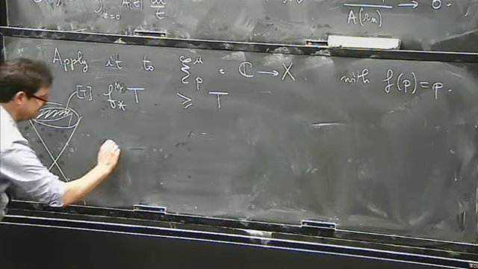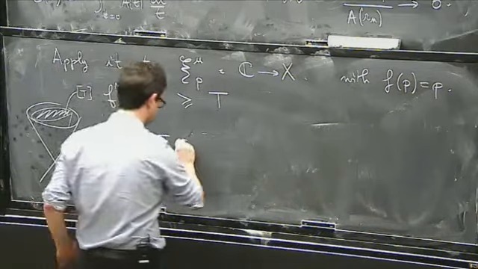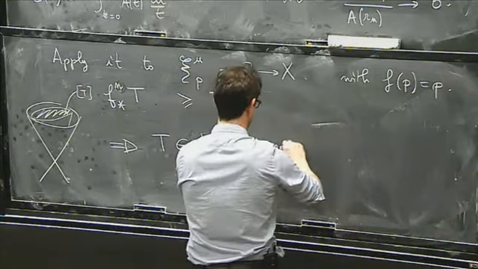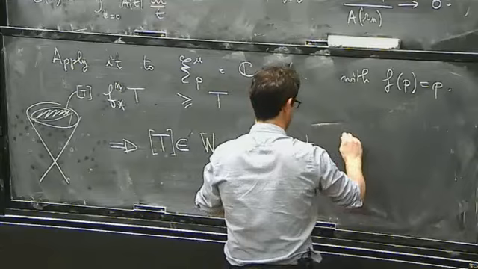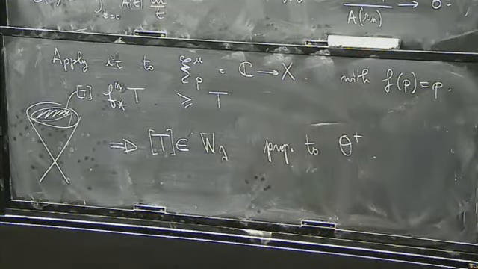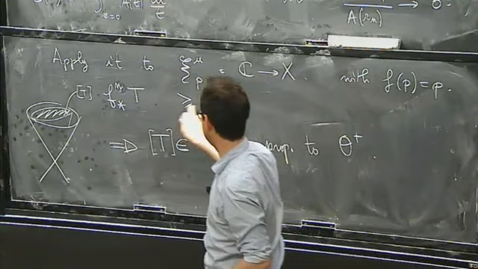this implies that T is contained in W lambda. It's proportional to theta plus. I don't have time to do it, so I want to say something after that. It's just playing with this picture and this inequality.